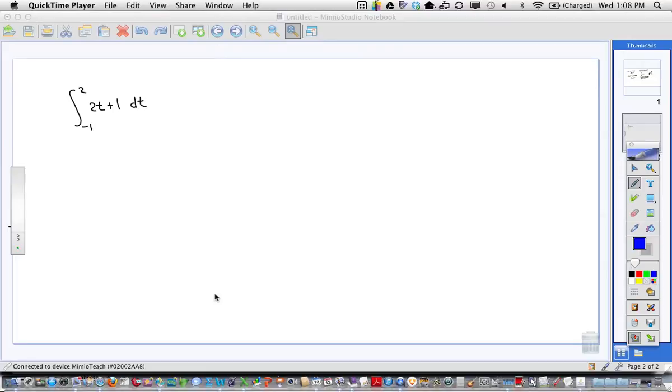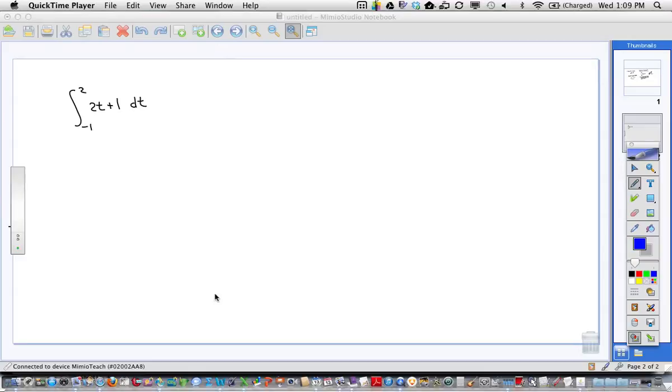Well, think about what we just said. It means the signed area between that function. What function? 2t plus 1. The dt we don't care about. It's just there. It means t is the variable. We really just care about the 2t plus 1. So whatever that graph looks like, between it and the x-axis, from -1 to 2, there would be an area.